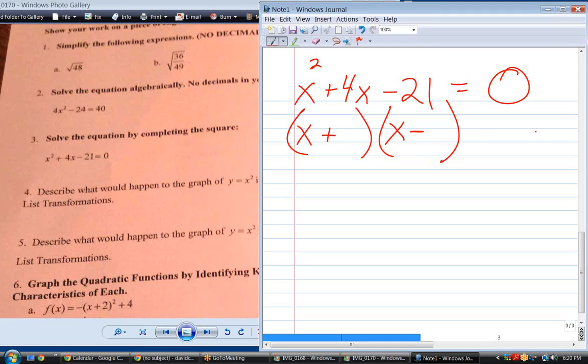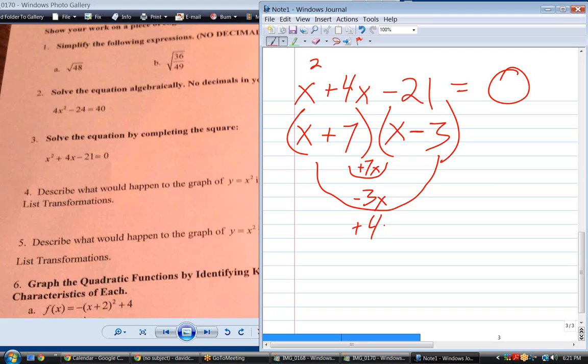Always put the larger of the two factors with the sign of the middle term. So the 7 goes there, the 3 goes there, and notice that that works. If I do my little double smiley test, this is plus multiplying the inside terms and the outside terms and adding it together.